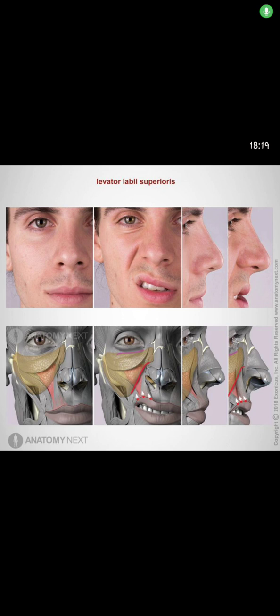Now, to me, this is the face that you make when you're about to do a big, nasty crop dust on an unsuspecting couple in the grocery store. So, to remember where that muscle is and what it looks like, remember the stank face for lifting your lip to lift a butt cheek to do a stank nasty crop dust.